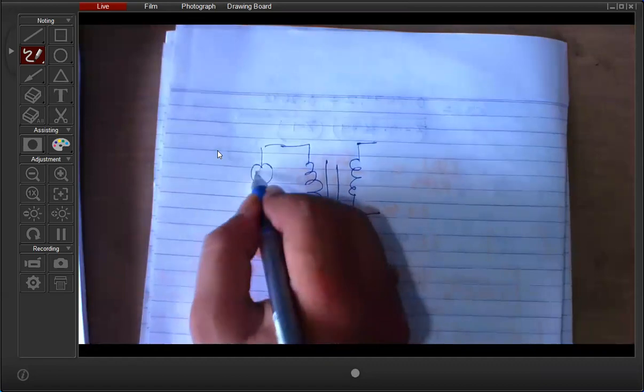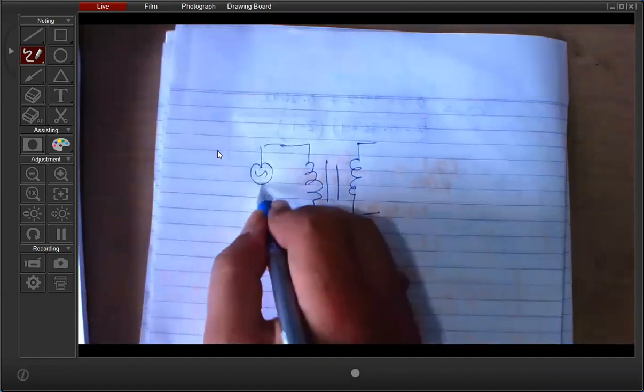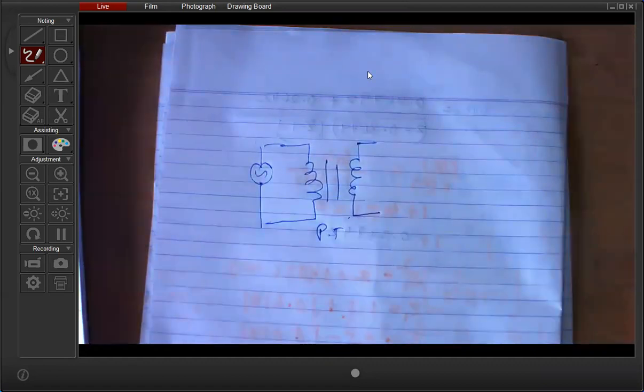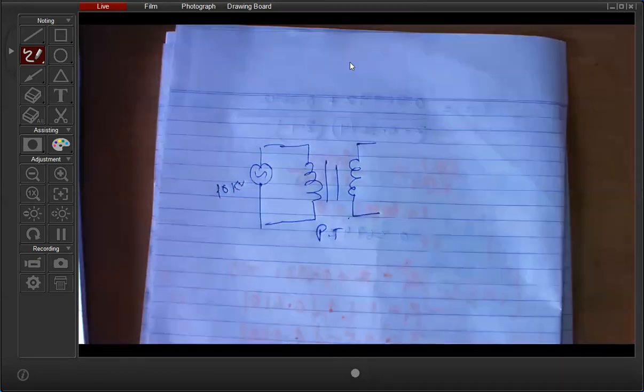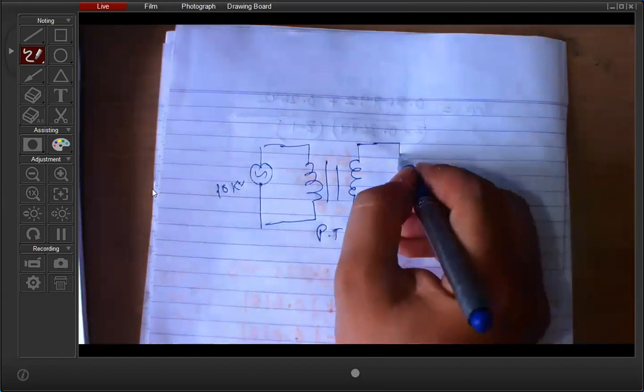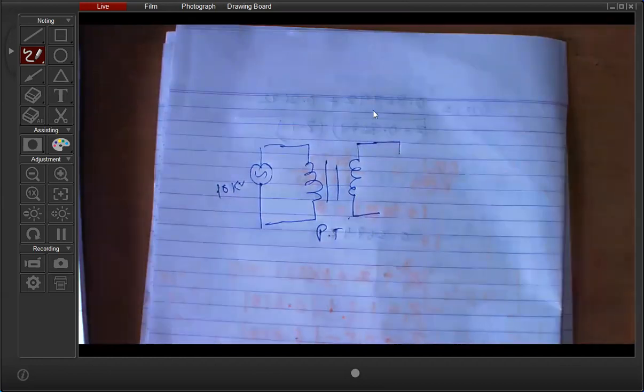Suppose you have applied an AC high voltage, suppose 10 kilovolt. So from the measurement point of view, what is connected across the secondary terminal of the PT?